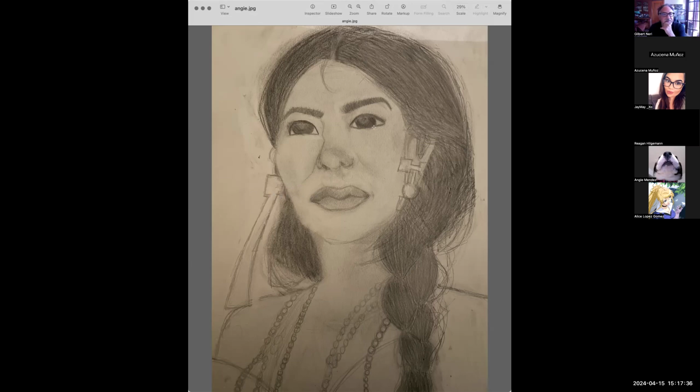Otherwise, I think you handled the proportions pretty nicely. It's a good likeness of the person. This was a very subtle 3/4 view, but I think you handled it nicely. You got the eye a little bit closer to the nose, which is something we'll go over today. And the thing about the irises, we almost never see the entire iris, so I like that you have that hidden by the eyelids there. So it's a nice job on this.